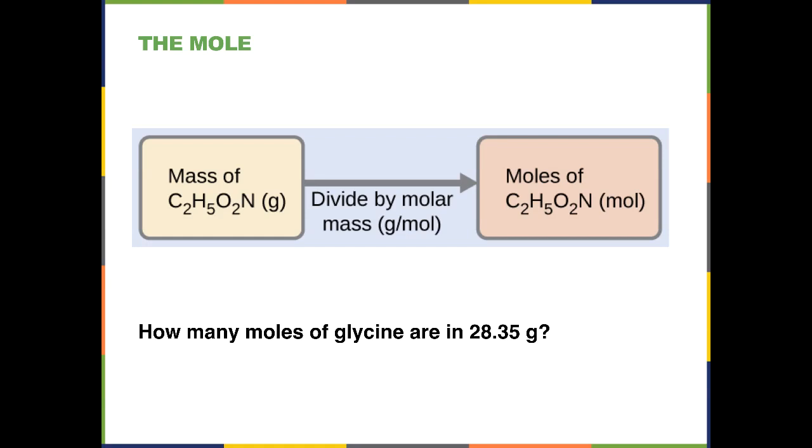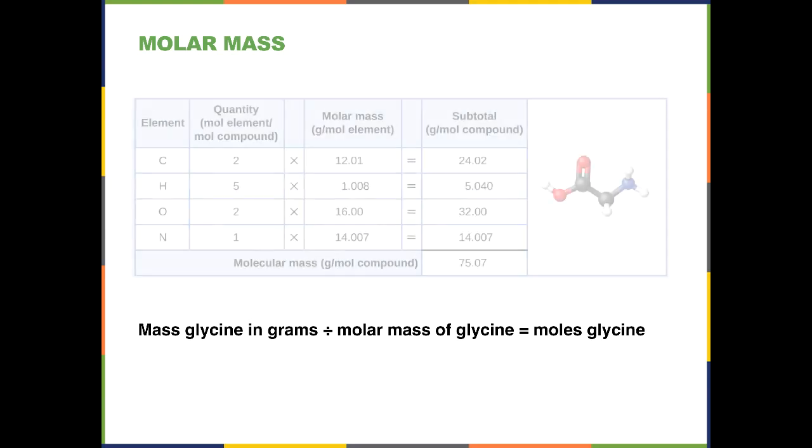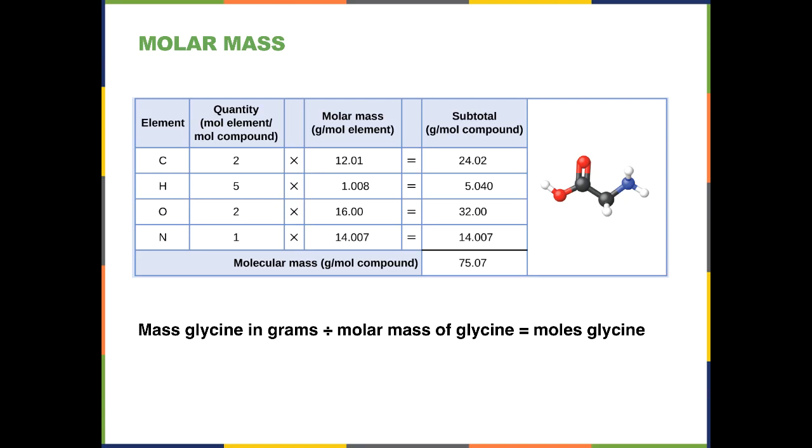And once you find the formula mass or molecular mass, then you divide that into the mass you have, and that tells you how many moles you have. So you take the mass of glycine in grams and divide it by the molar mass of glycine, which gives you the moles of glycine. And that's this calculation here.